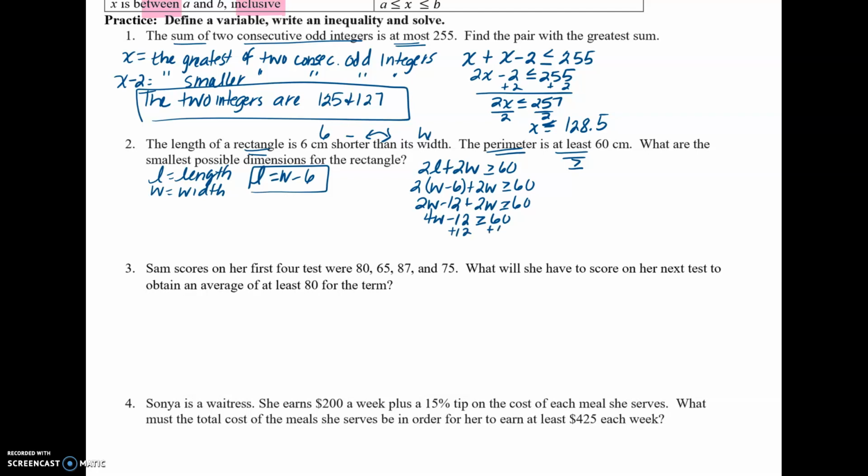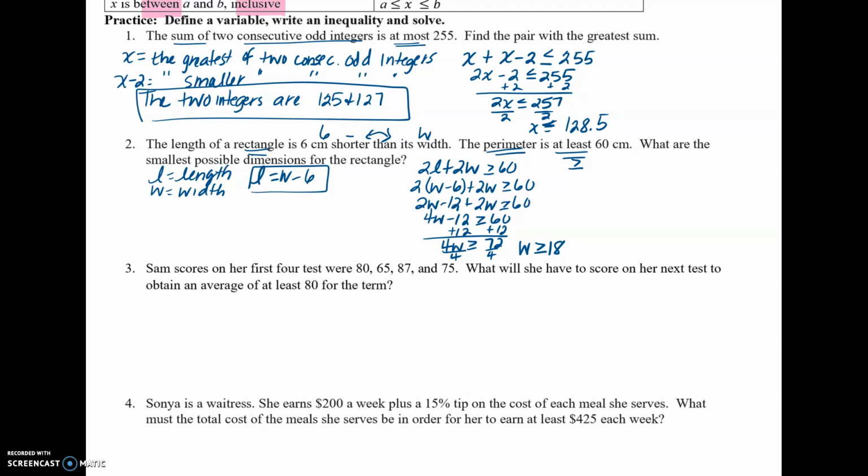I'm going to add 12, and I get 4W is greater than or equal to 72. When I divide by 4, it goes in evenly, so W is greater than or equal to 18.